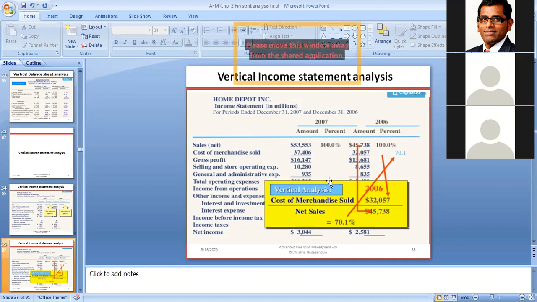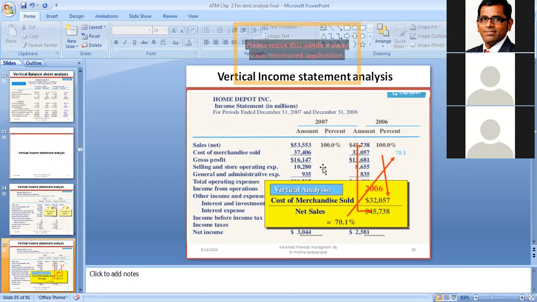Compared to this, what is the cost of merchandise sold? Each and every component we take as a numerator, and sales we take as a denominator, common for all components. Net sales is common for all components.